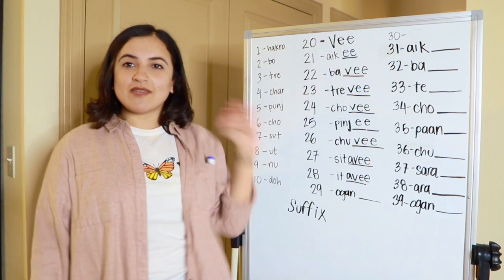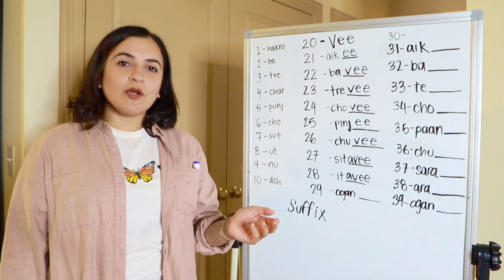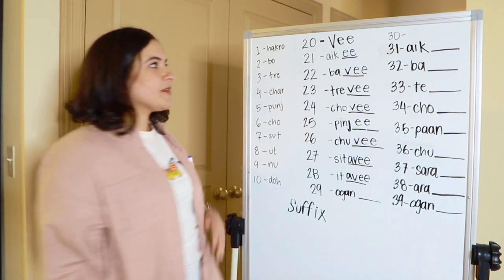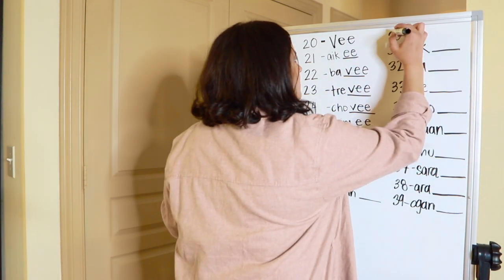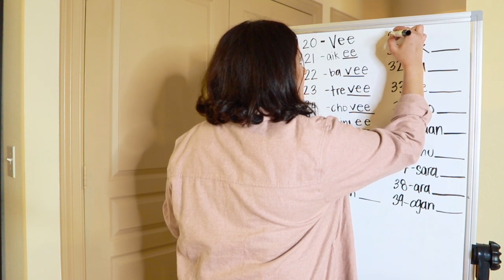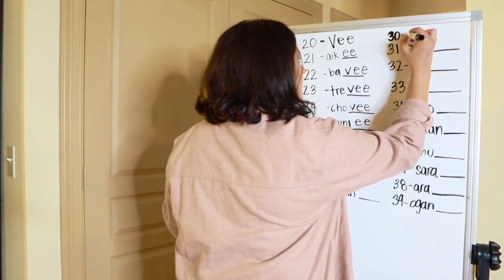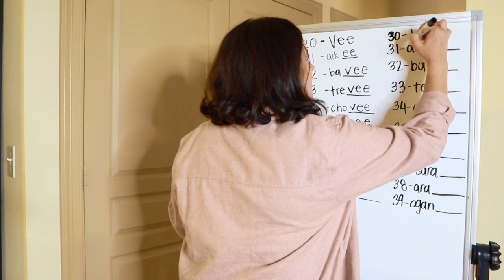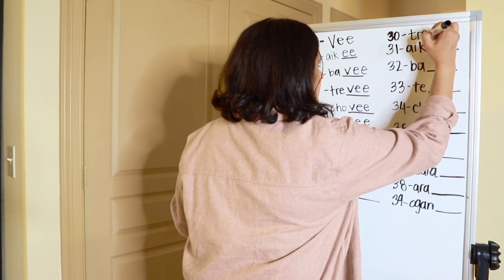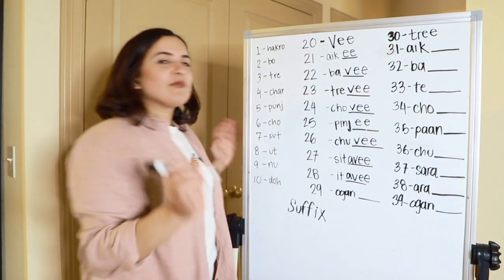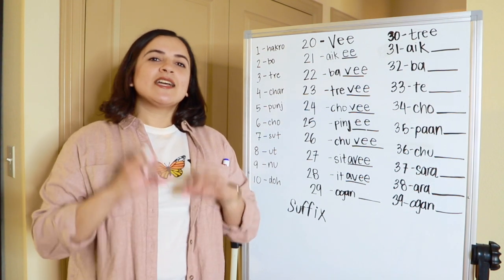30 in Memoni, most of you already probably know, is 3, right? 30, I will write it here. 30 is 3. I wrote it like tree, but it's pronounced 3.